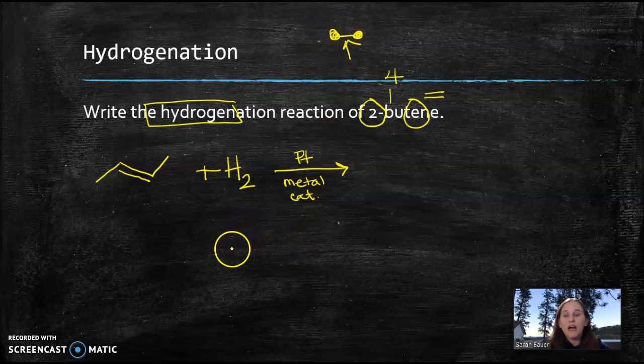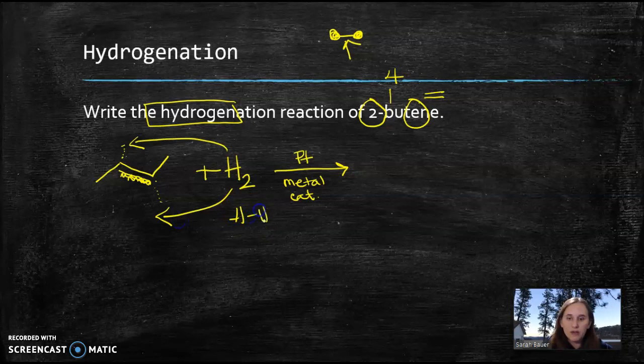So if I'm going to hydrogenate it, let's think about what's happening for a sec. I like to do it this way, just mentally to walk myself through it. I like to scribble out my double bond and do some dashed lines. Those are now my jazz hands. They opened up, jazz hands. And what am I going to add? I'm going to add one of the hydrogens to one carbon and one of the other hydrogens to the other.